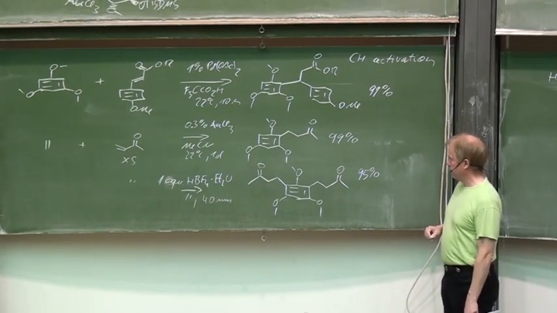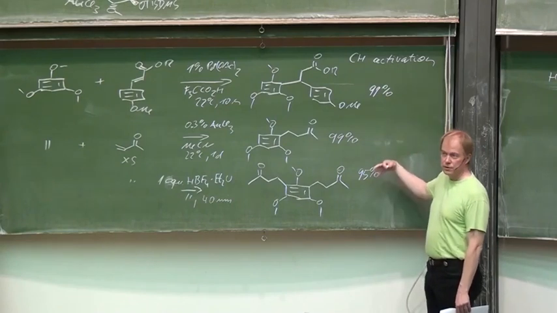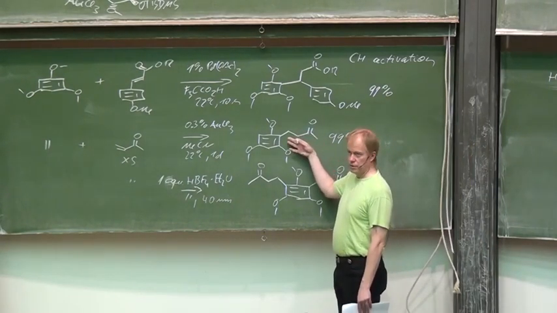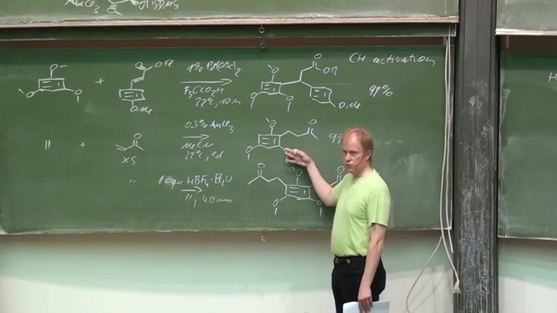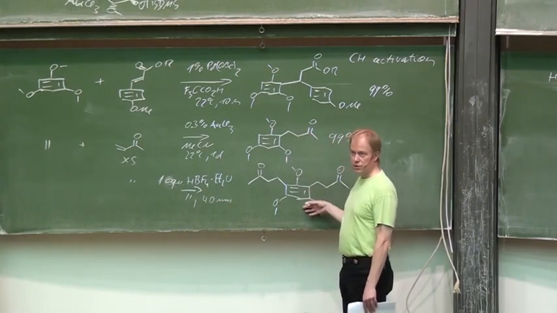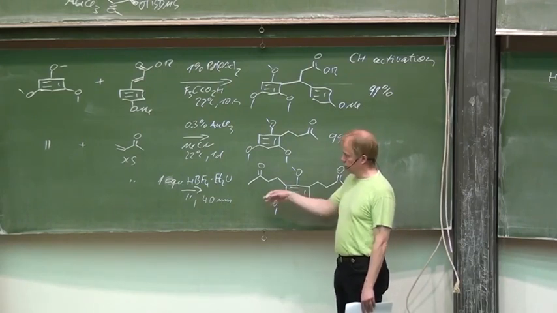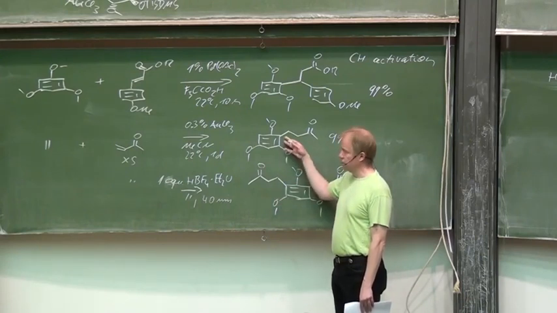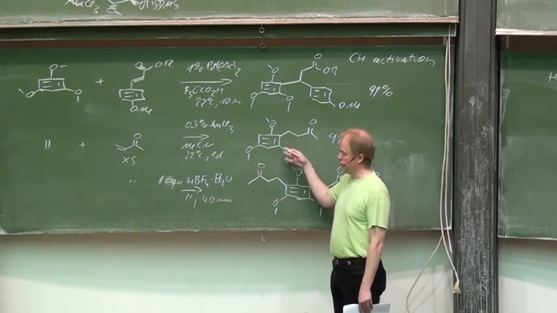So here you have a nice selectivity. The one-to-one product is purely formed. Here you get the 1-to-2 product. So the HBF4 is far more reactive. Nevertheless, here you have that selectivity.